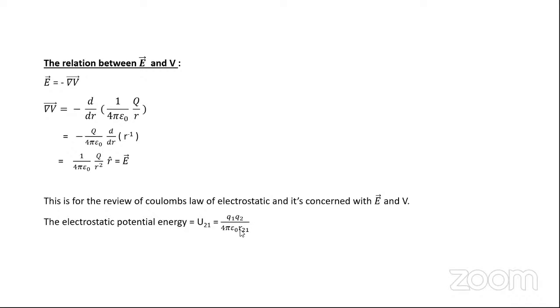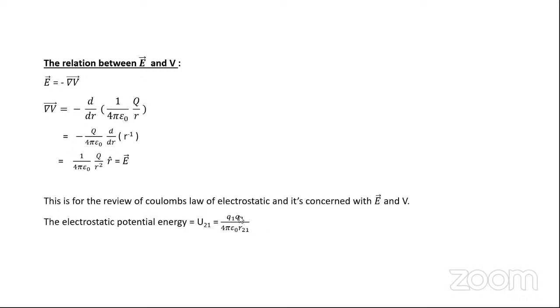and we are bringing that Q2 charge from infinity to that position R21, right? So we should have the work done against that force, and that will of course be the force into displacement. And here we are having the definition of V as work done in bringing unit positive charge. So here we are bringing Q2 amount of charge.